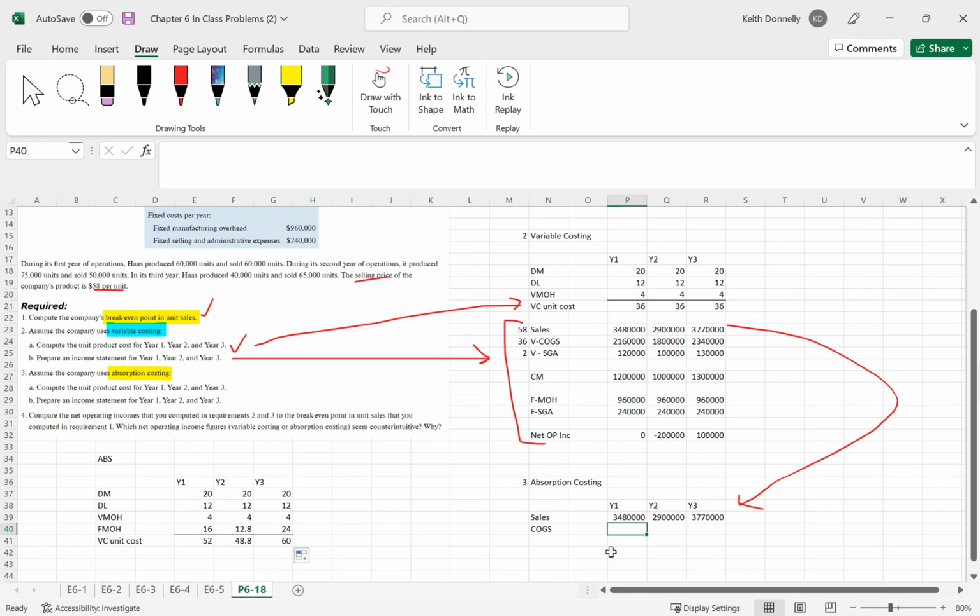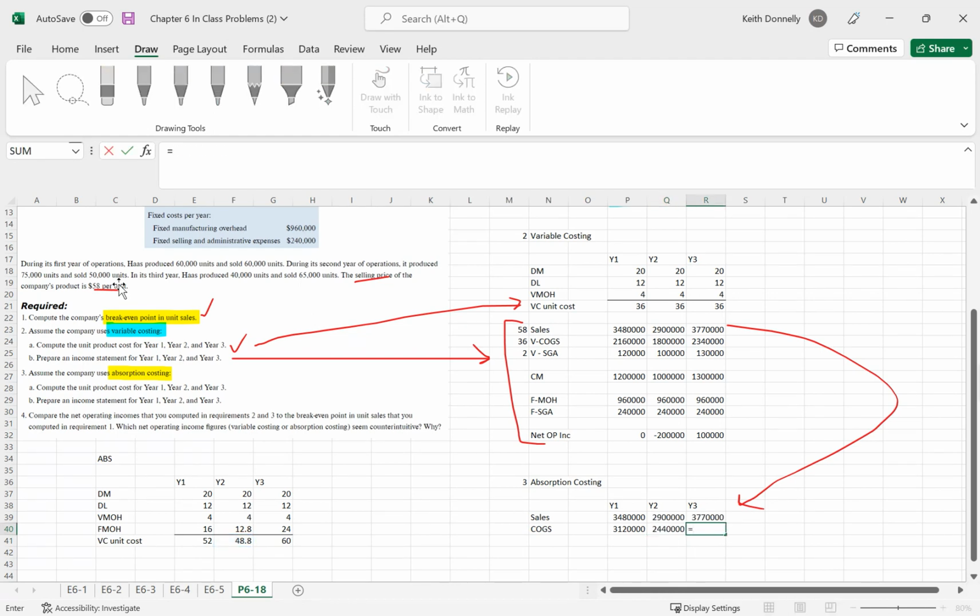Okay, so now what we've got to do is take the 52 unit cost in year 1 times the 60,000 we sold. Okay, we're looking at 312. We've got to take the 48.4 in year 2 per unit cost under absorption times the 50,000 we sold.